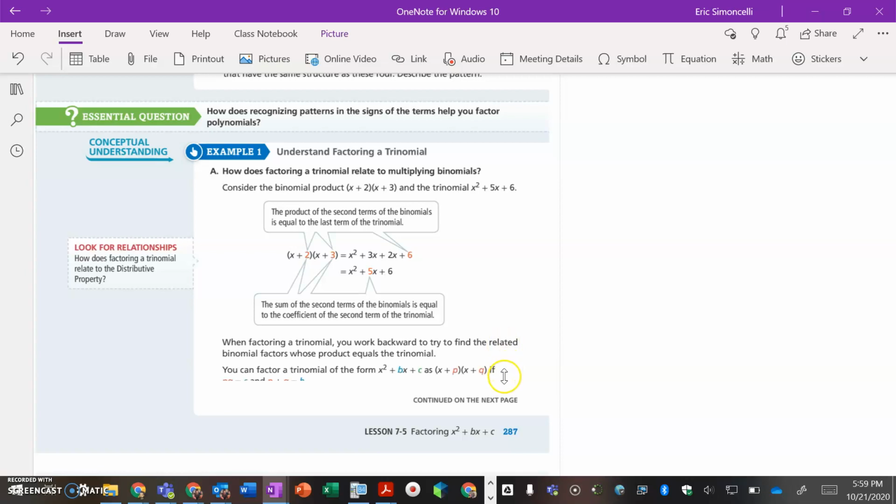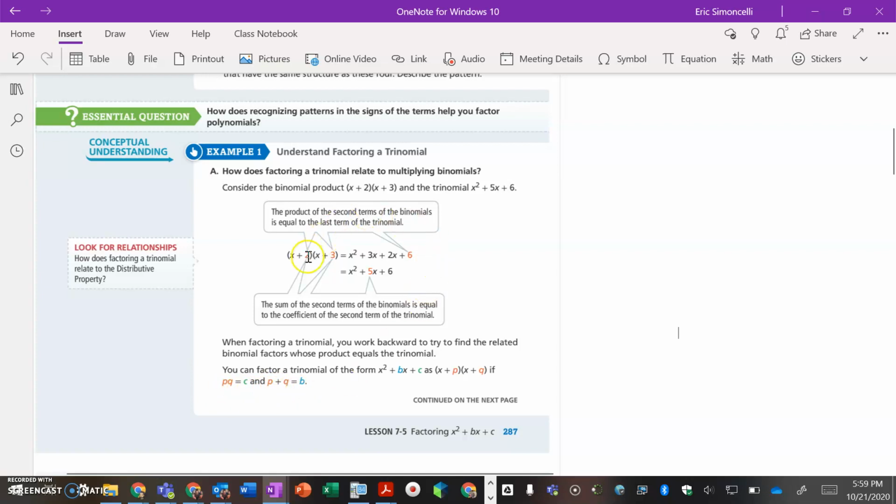So we're going to factor a trinomial of the form x squared plus bx plus c as x plus p, generically speaking, times x plus q, if p times q equals c and p plus q equals b.